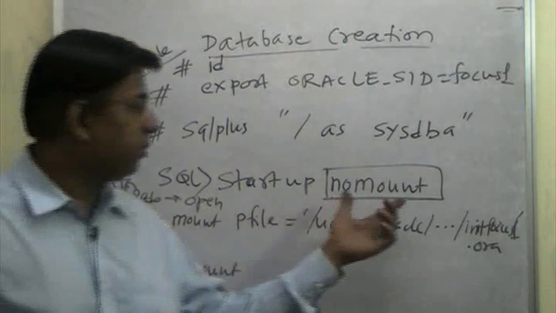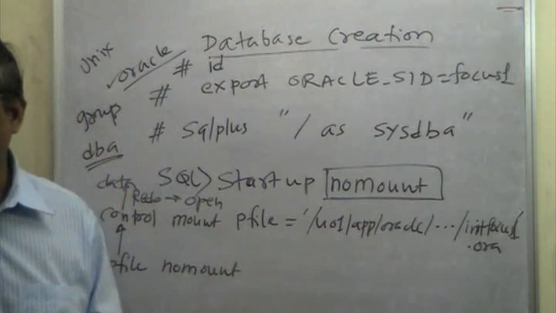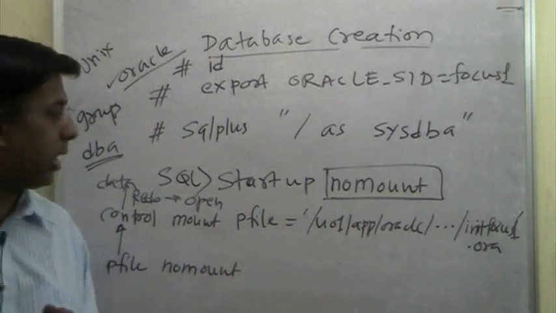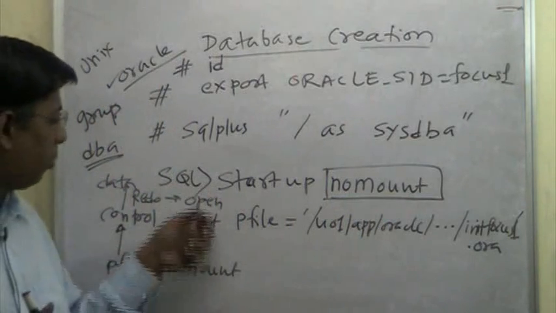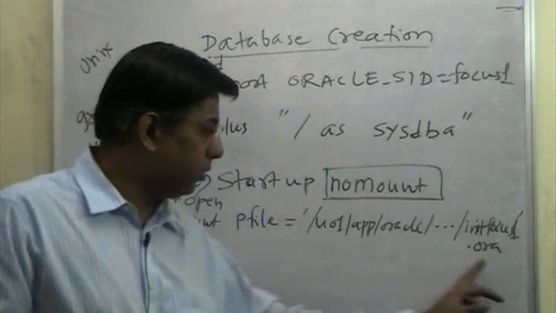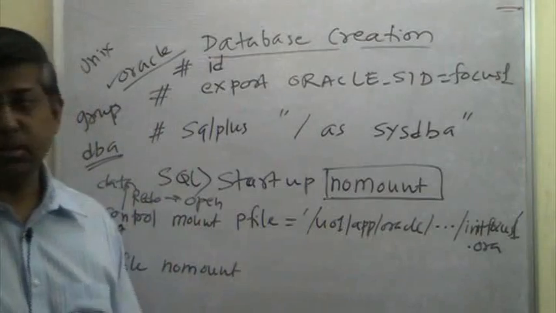Why are we starting up the instance in nomount state? Because there is no control file, because there are no redo files. The only file that we have is the pfile, and that is why we are forced to start the instance in nomount mode. These are the phases: nomount, mount and open. So we have started up the instance in a nomount phase. The instance knows the important parameters, and those are read from this file.